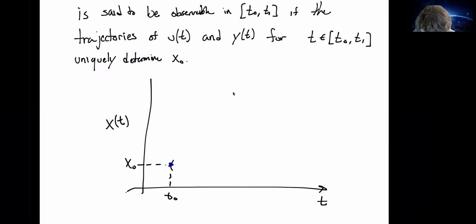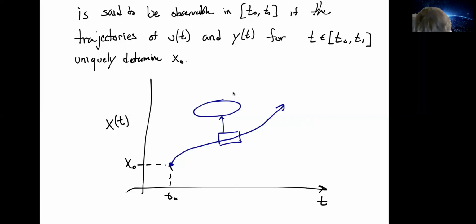Then we have a trajectory out here, but we can't really measure the trajectory directly because we're using our sensors to measure the output. If it's temperature and you're measuring it with a thermocouple, you're measuring a voltage differential, right? So on this period here, we have an output and we have an input, so we have a u of t and a y of t.